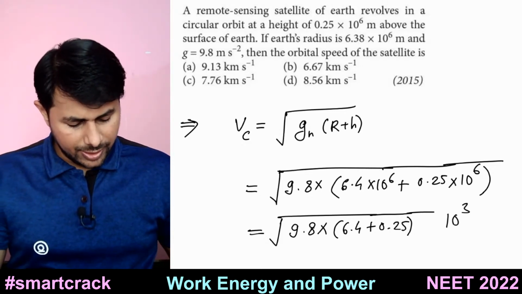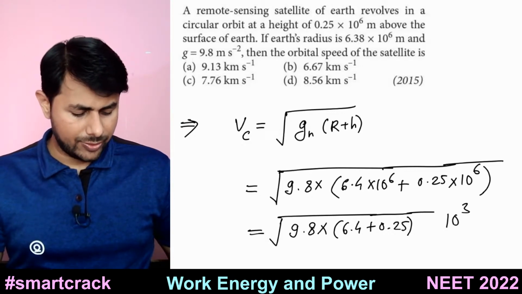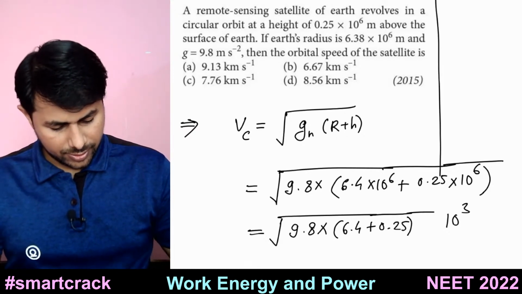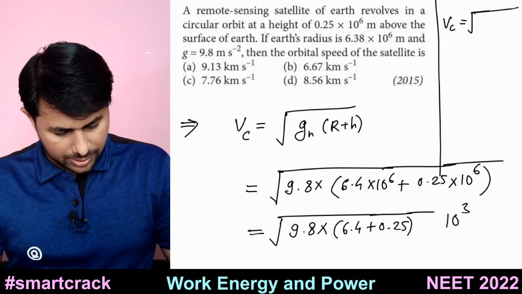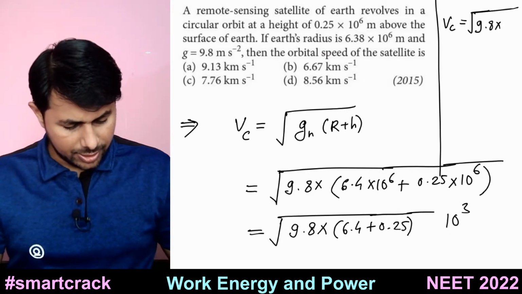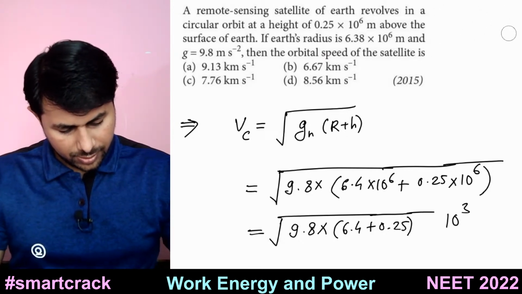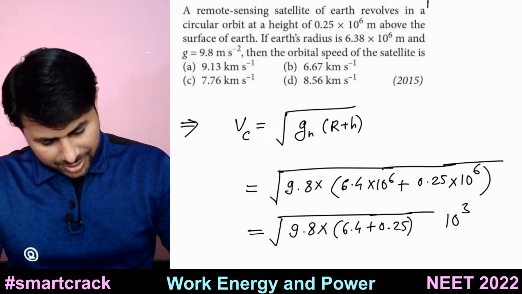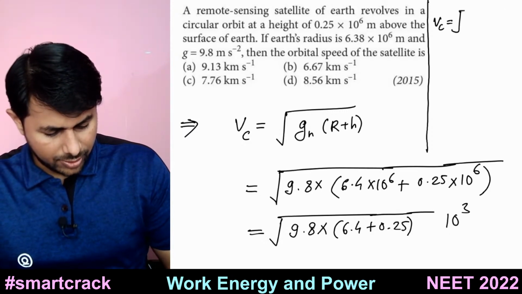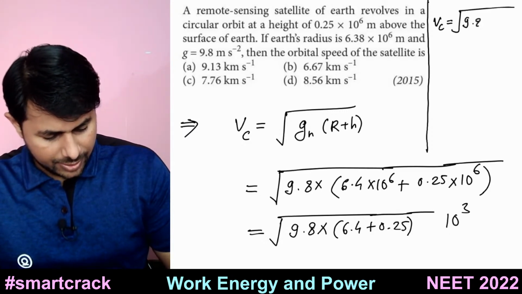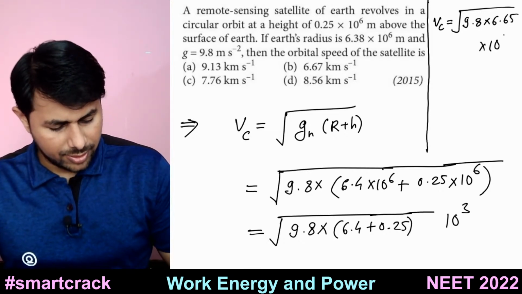So 6.4 plus 0.25 will give you 6.65. So this is equal to square root of 9.8 into 6.65. Okay, so v equals square root of 9.8 into 6.65, into 10 raised to 3.